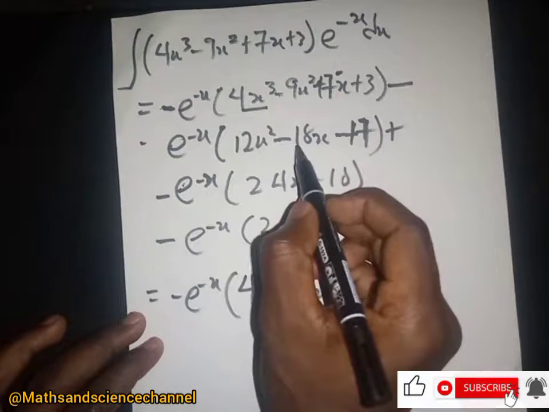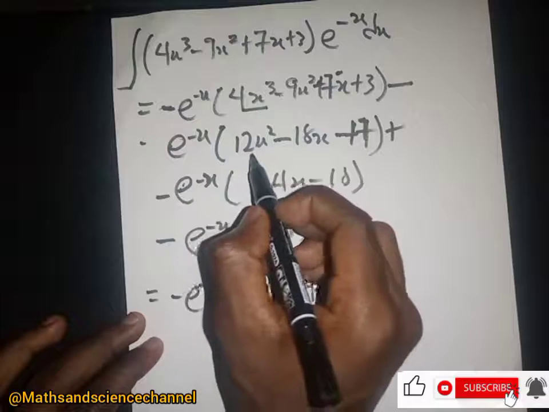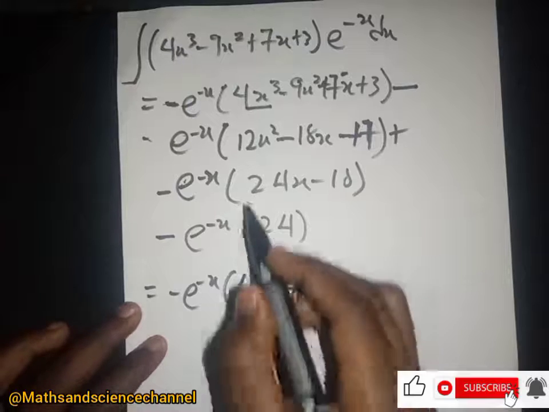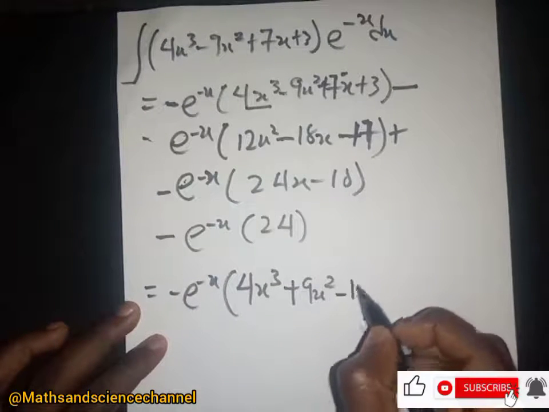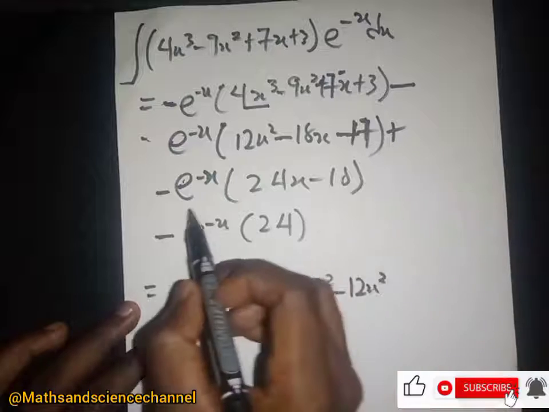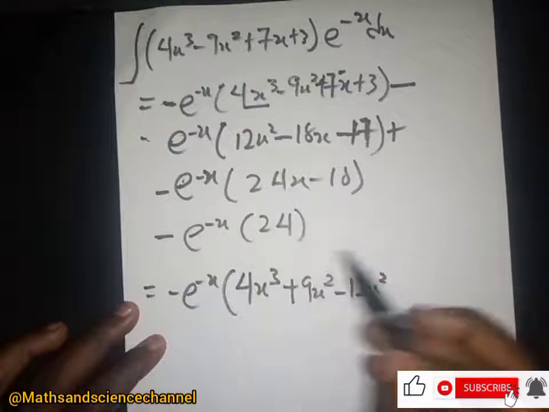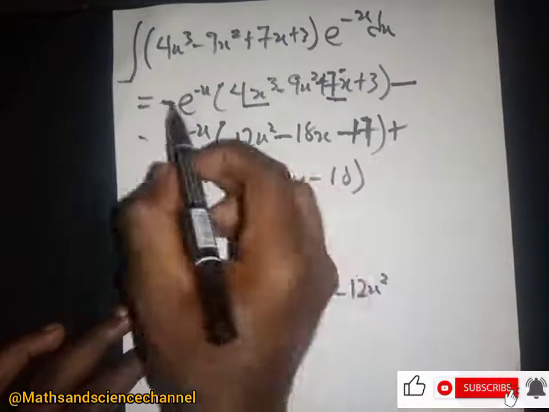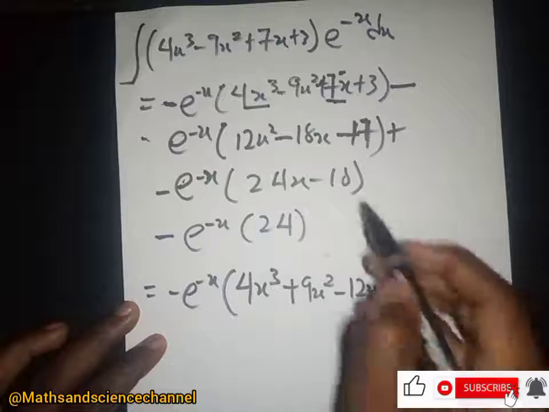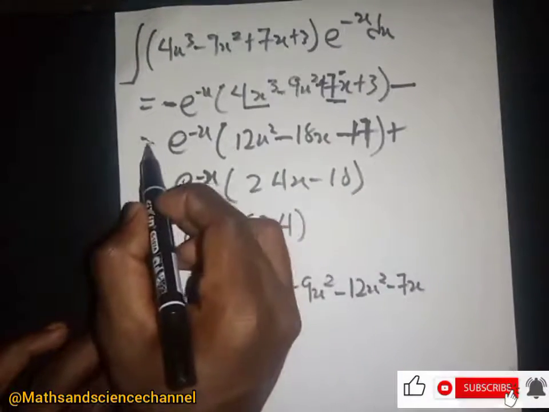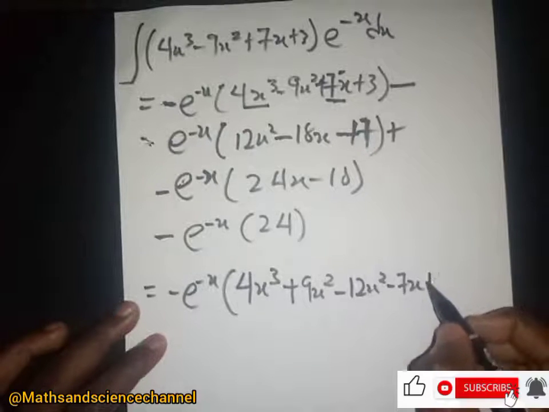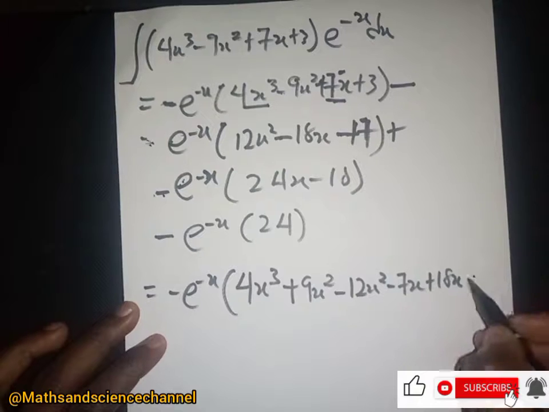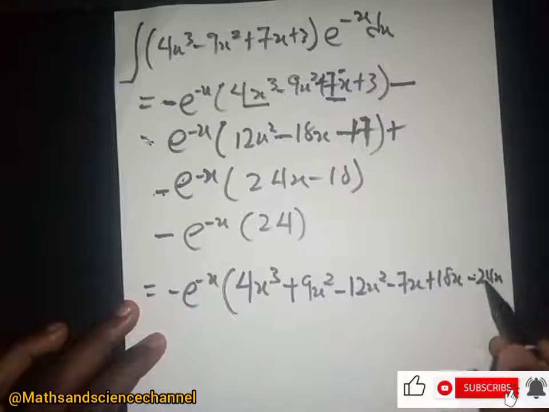Then also this side, we are taking the x squared terms, remember it's negative here also, so this becomes negative 12x squared. That's it for the x squared. Then let's go to the x terms, so we have negative 7x here. Then remember this is also negative, so it becomes positive 18x. Then also we have negative 24x. That will be for the x.